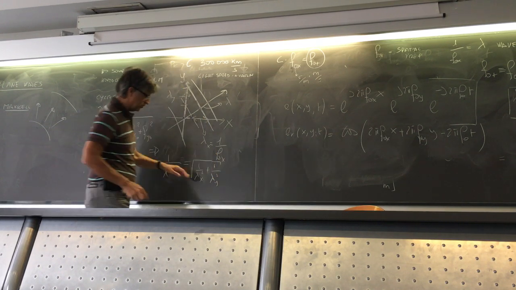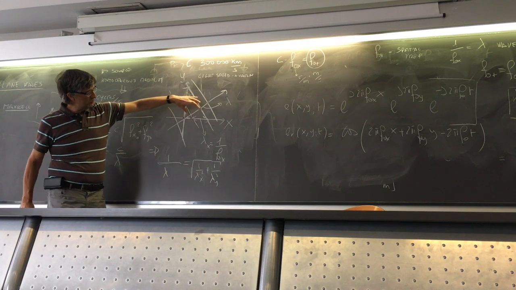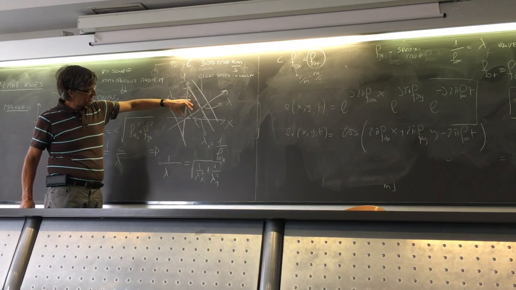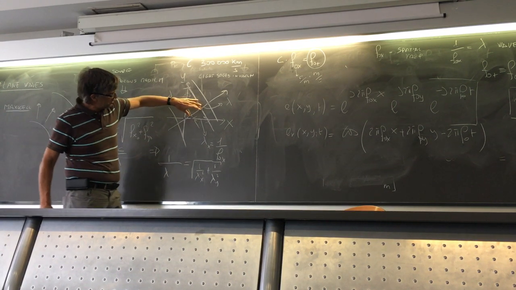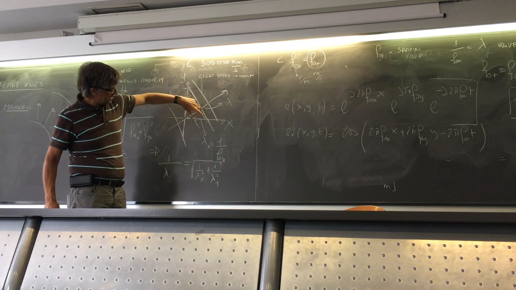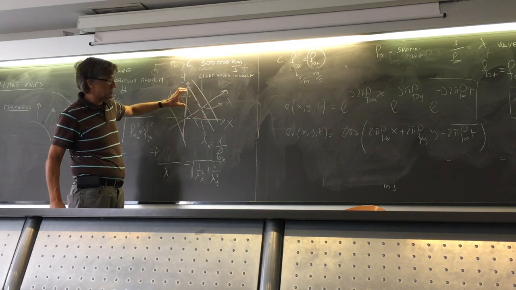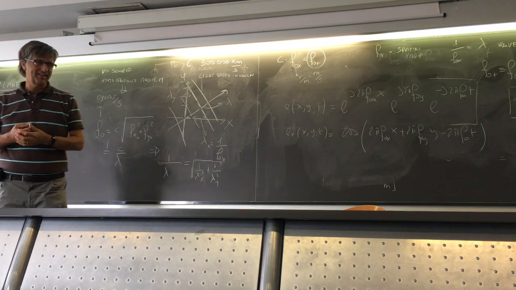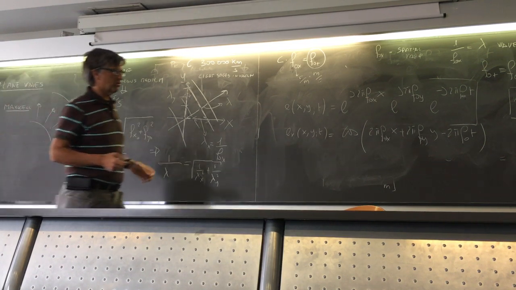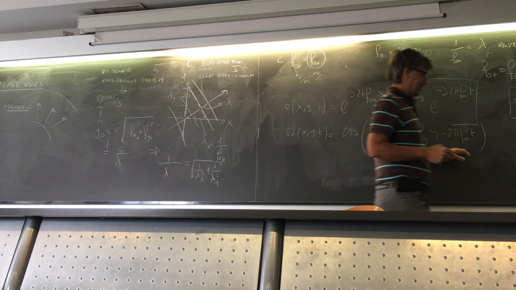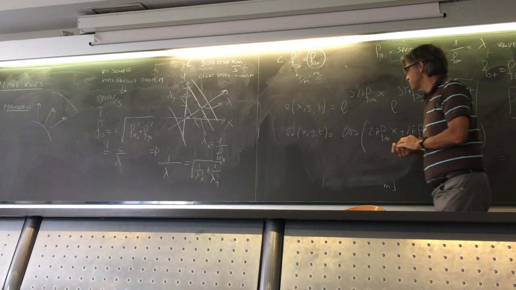I do not show you the demonstration, but if you want to measure this length, okay, for the sinusoid, you will see that the inverse of this is the square root of the inverse of this plus the inverse of this. It's just a matter of doing some mathematics, some passages, and so on.